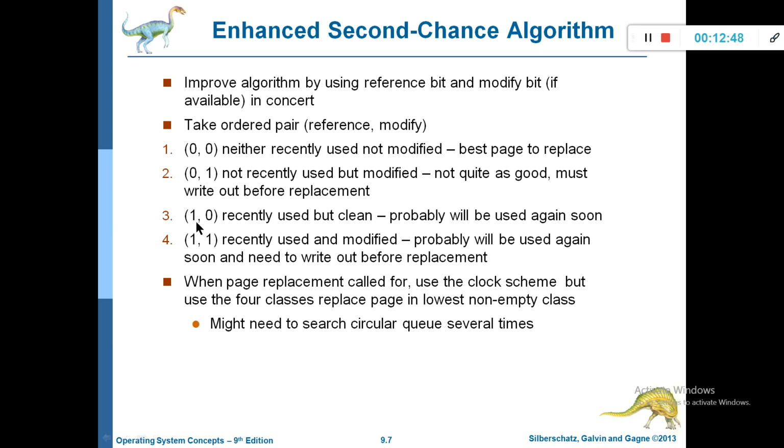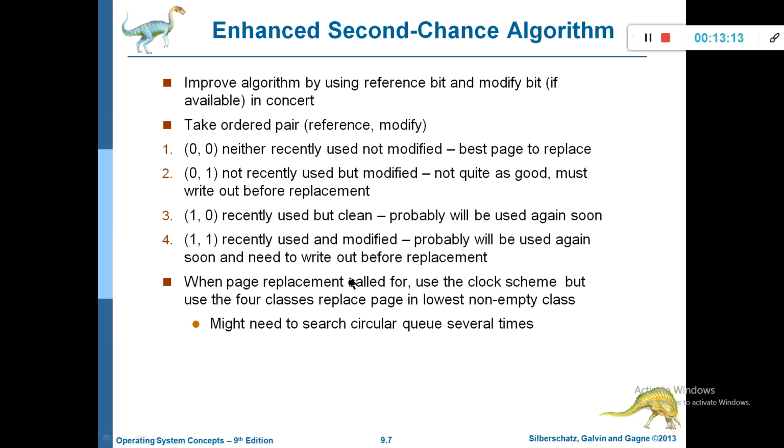If the reference bit is 1 and modify bit is 0: recently used but clean, probably will be used again soon, meaning we are going to provide a next chance or second chance before selecting this page as a victim, by modifying the reference bit 1 to 0. 1 1: recently used and modified, probably will be used again soon and needs to be written out before replacement.